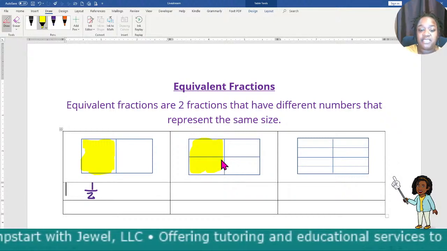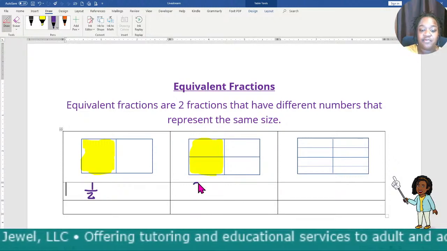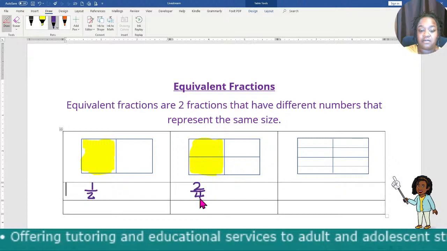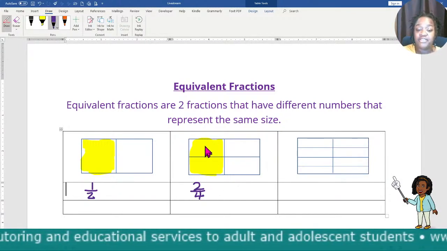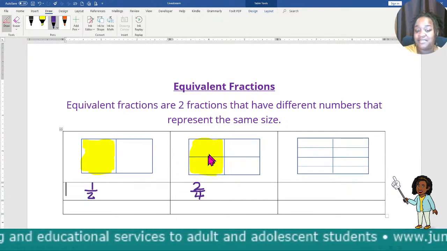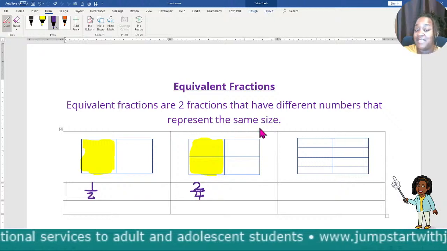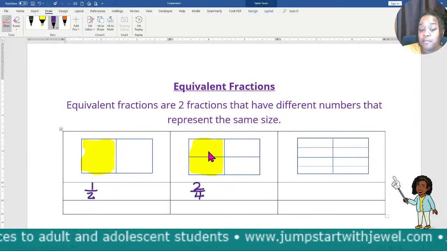So we'll shade this in. And this represents 2/4. Because in this rectangle we have 4 parts, and these 2 parts here are shaded in, the same size, like our definition says. It's the same size as the 1/2, but it's more parts.